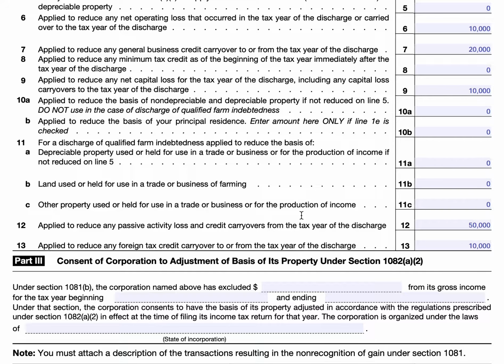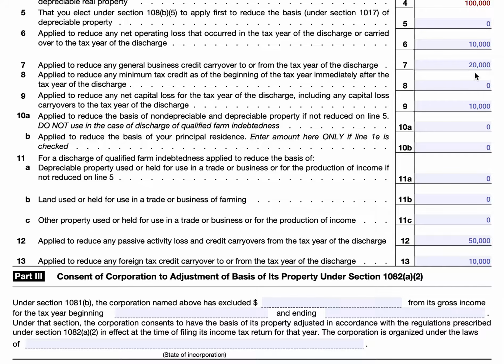If you want to do anything else, then you must request this in writing before filing this form, and it has to be approved by the IRS. So the general rule of ordering, you're going to attach a description of the transactions that resulted in the non-recognition of gain.